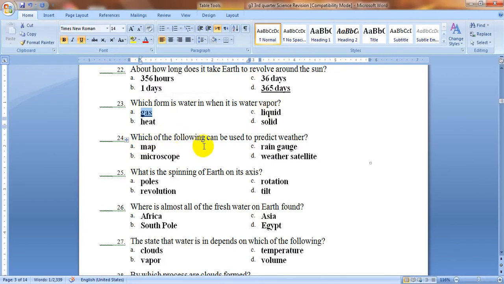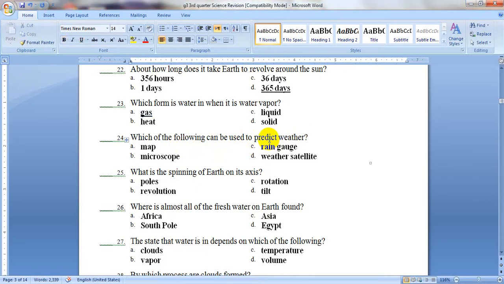Which of the following can be used to predict weather? And we said that the word predict means to guess, to know before it happens. Do we use, or do scientists use, a map, a microscope, rain gauge, or weather satellite? Yes, it's letter D, a weather satellite.